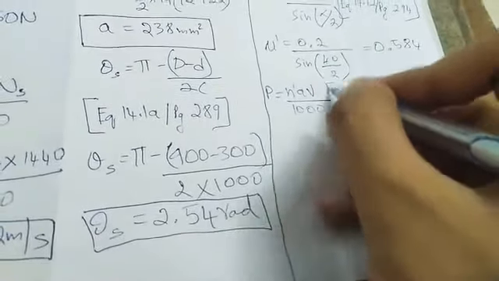So in this case we need to consider design based on the smaller pulley, since the value of the coefficient of friction for both the pulleys is the same, we need to proceed with the design based on the smaller pulley, that is theta s.